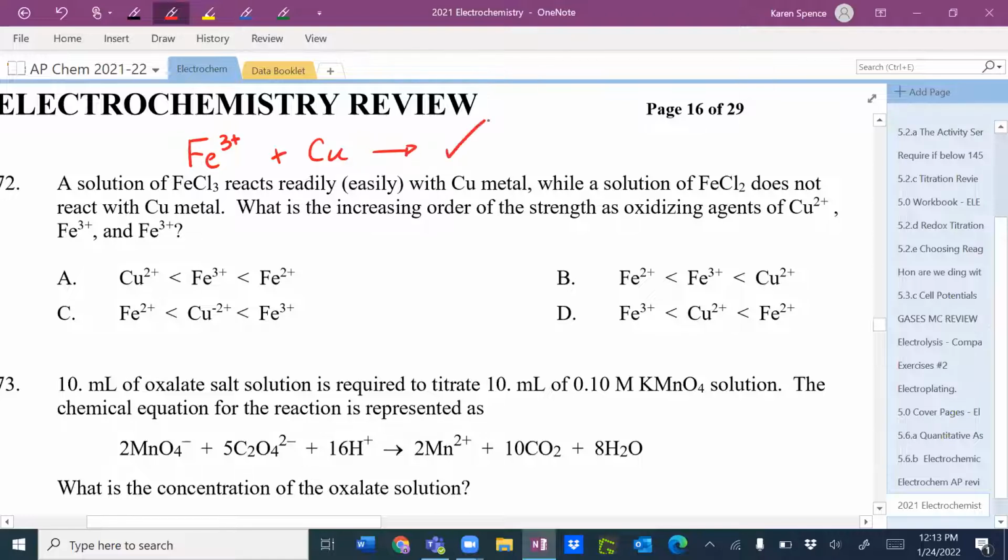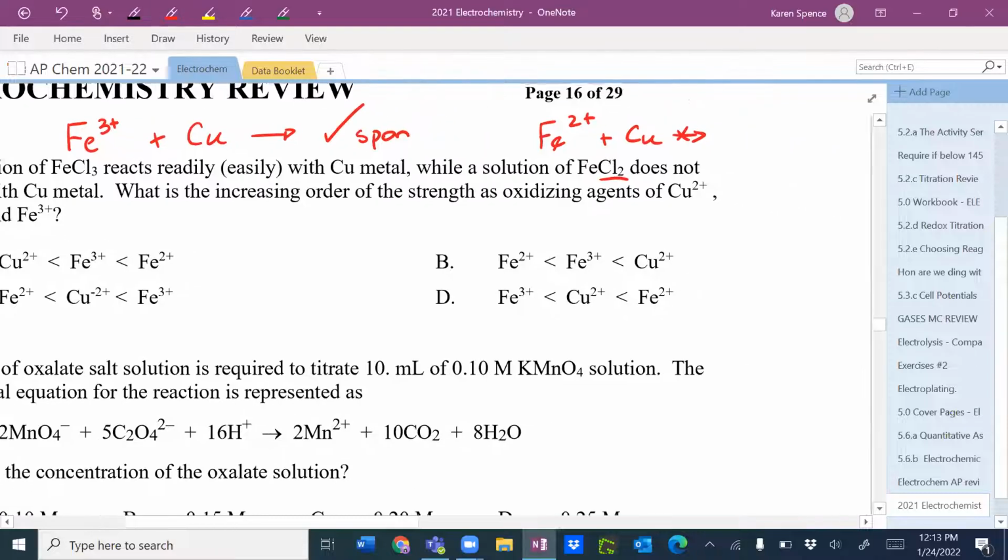Yes, that's spontaneous. While a solution of Fe2+, because that's really what FeCl2 is, does not react with copper. So this one is spontaneous. This is non-spontaneous.